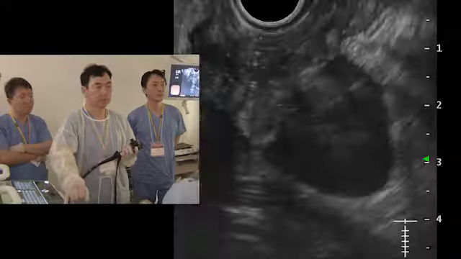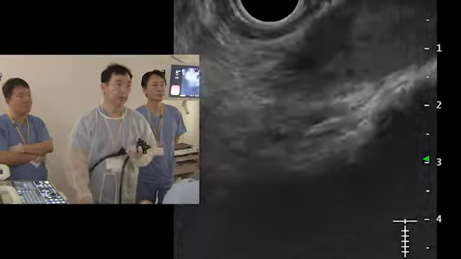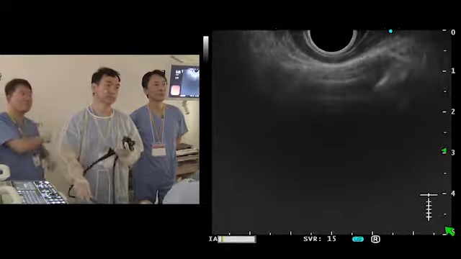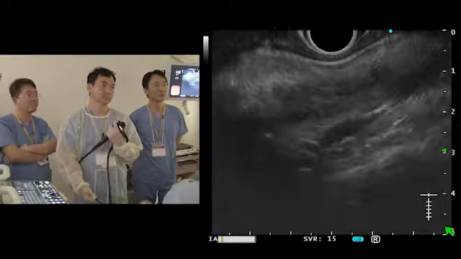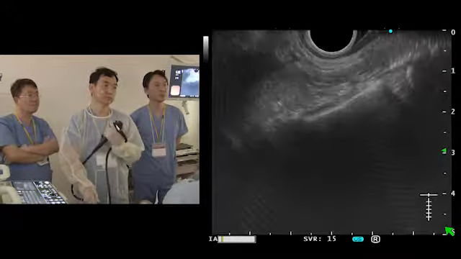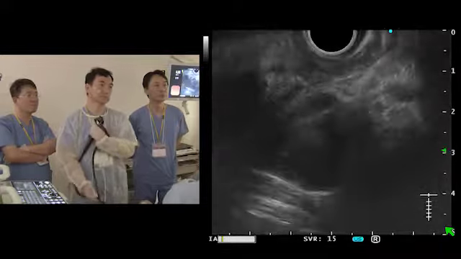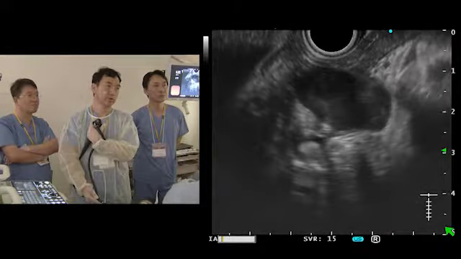So the bulging part on endoscopy and ultrasound is pretty small. Internal growth into the esophageal lumen is not so large, but the total diameter is 3 centimeters. So three and a half.